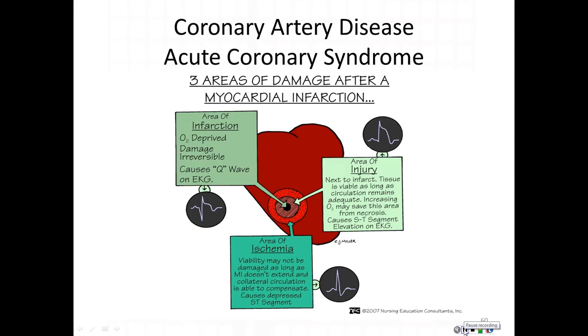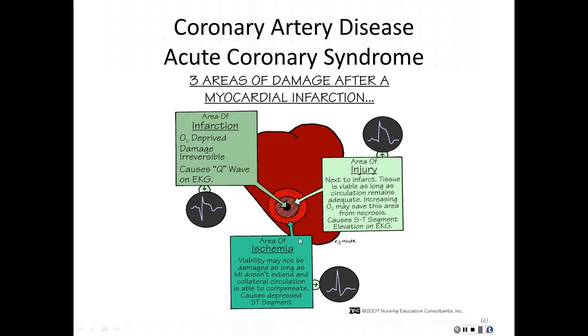This is just a graphic representation, again, of what we're looking at. You have basically in the very center of the target the area of death, the infarction. The area is oxygen deprived. The damage is irreversible after an amount of time. And that's what causes the Q wave, the first downward deflection of the EKG complex here.